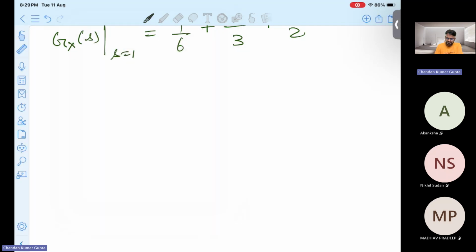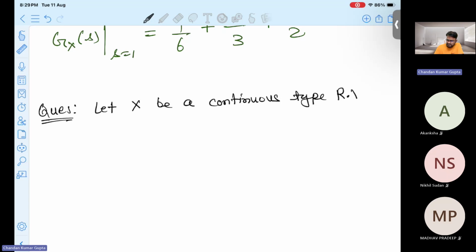Okay, we will prove that property. The question will be like, let X be a continuous type random variable such that the expected value of X to the power R exists.